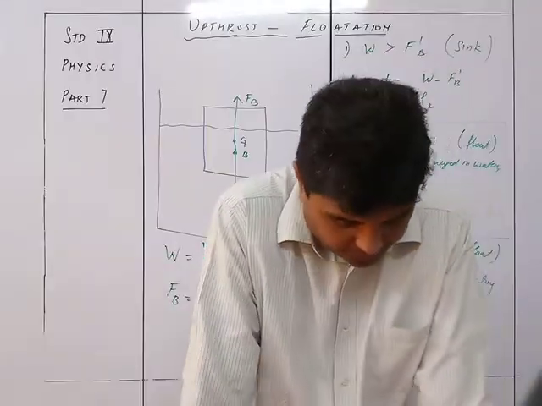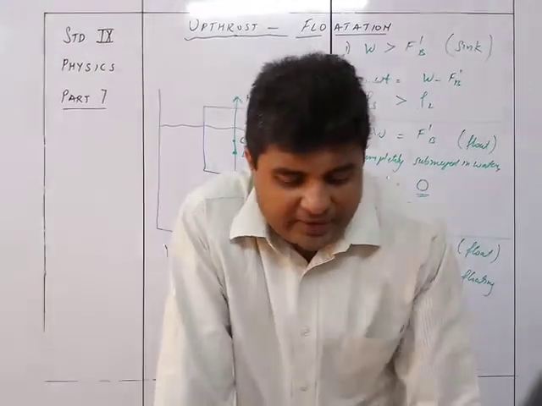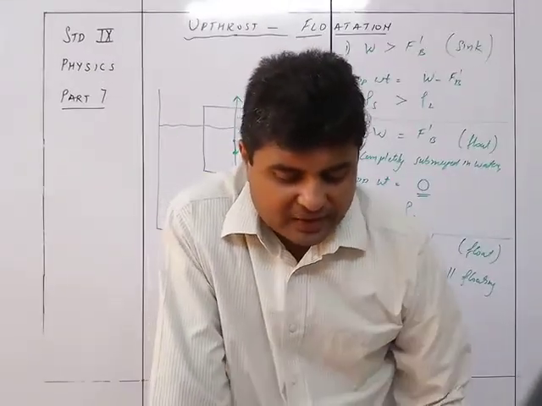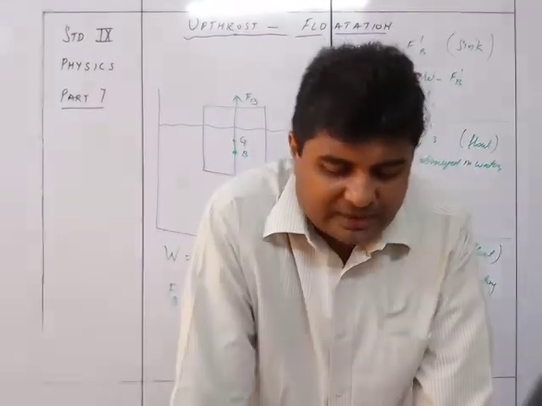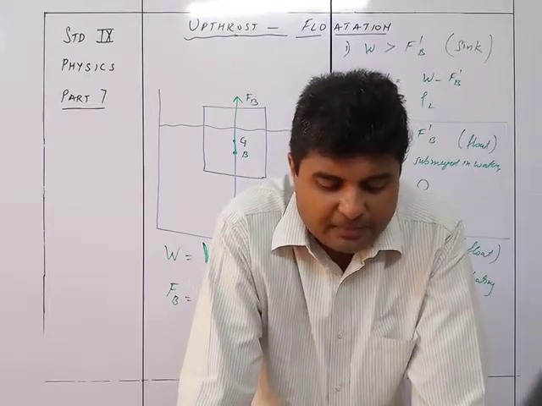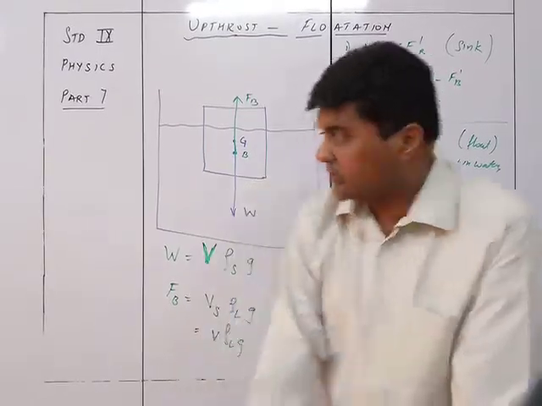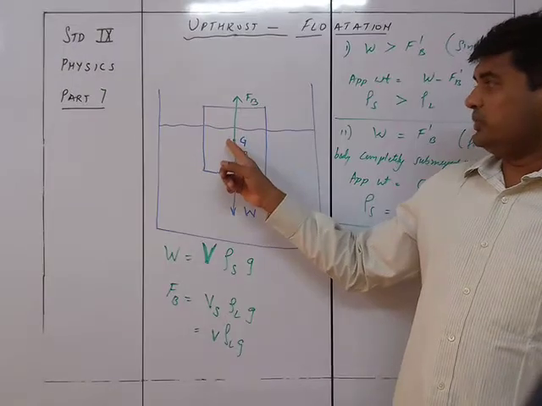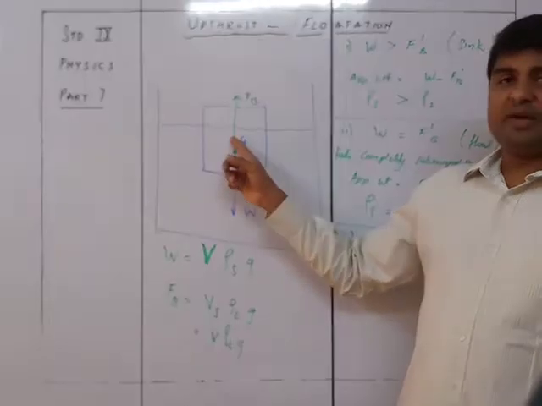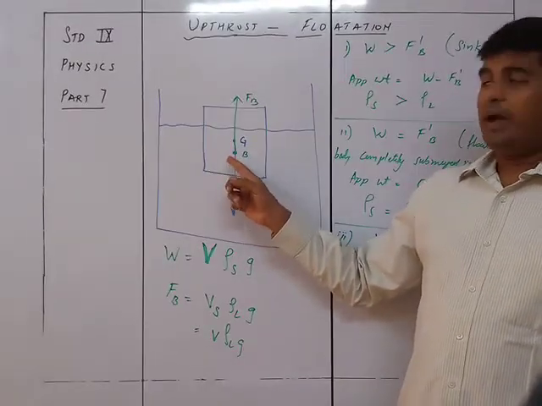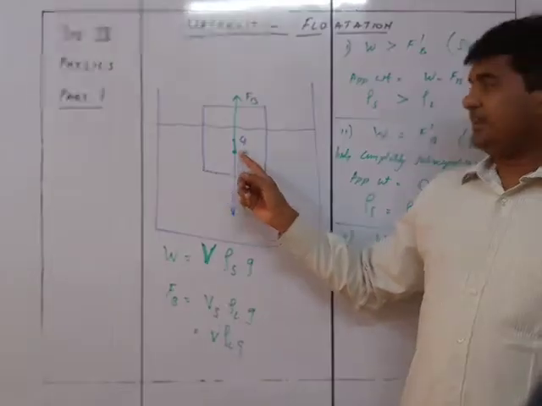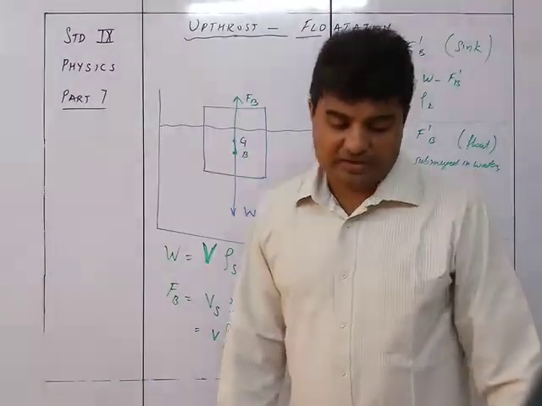In this situation, while floating, the weight W acts on the center of gravity of the body, while the upthrust FB acts on the center of buoyancy B, which is vertically below G. So this is what I showed you. This is G, and B is vertically below G. B is the center of buoyancy, G is the center of gravity.